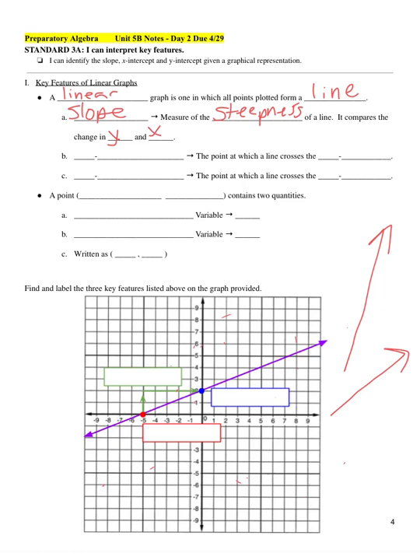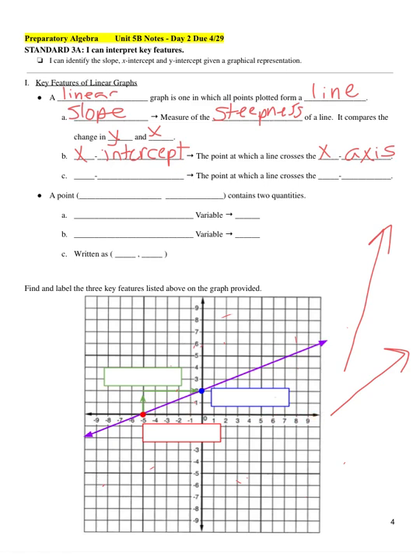Okay, now we're going to be adding another piece to this, and we're going to be looking at the x-intercept, the point in which the line crosses the x-axis. X-intercept, it's where it crosses the x-axis. Okay, so if I look at this graph, this is my x-axis.